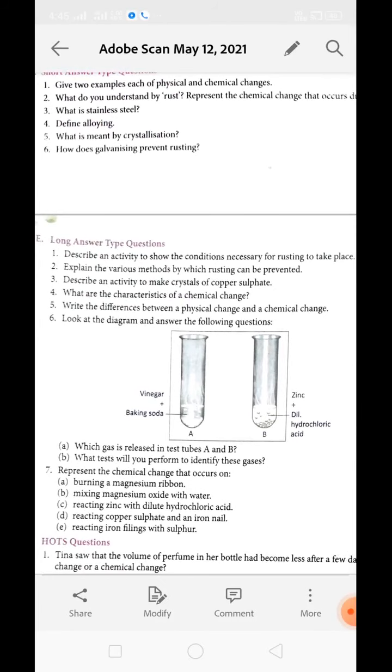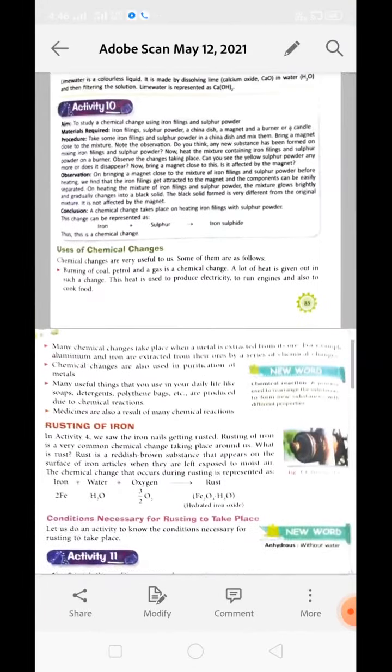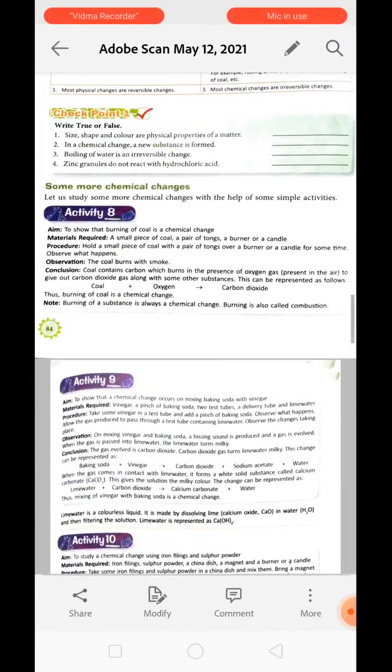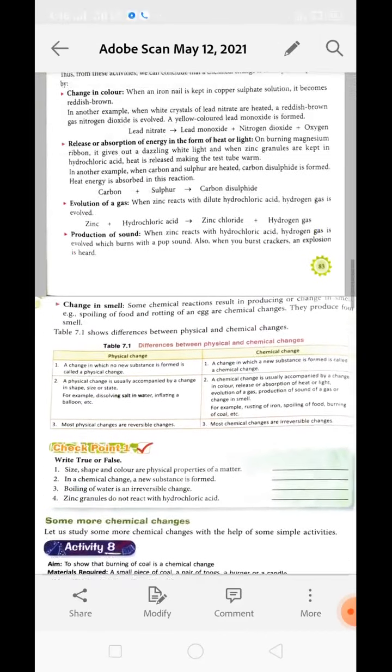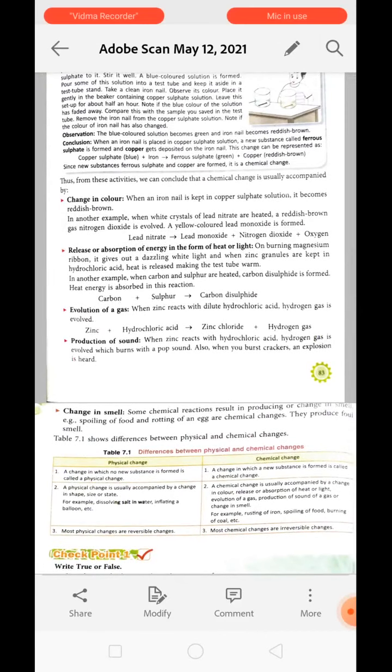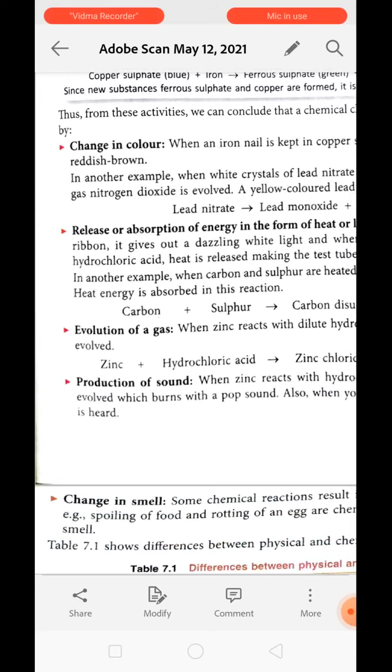Question number 4. What are the characteristics of chemical change? Chemical changes have certain characteristics like change in color, formation of air bubbles, change in smell, and absorption or release of energy. So you will write about these changes.